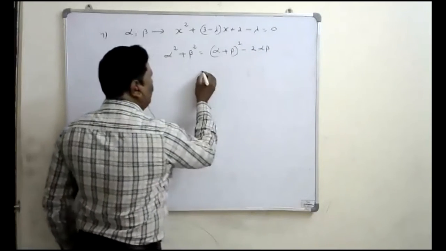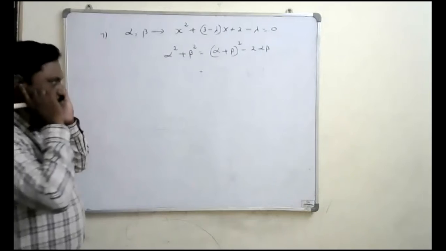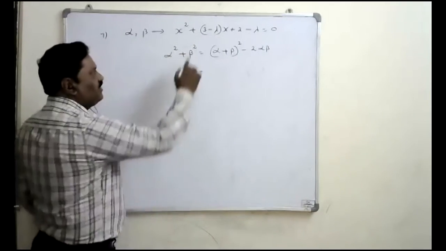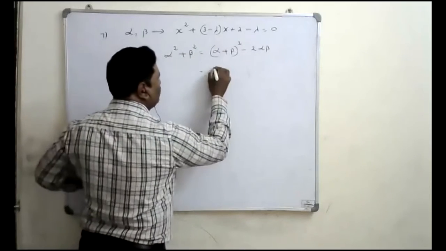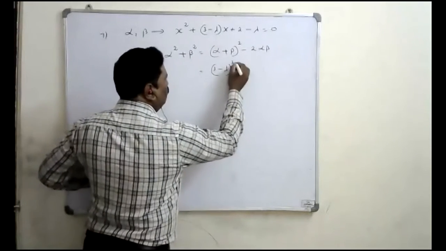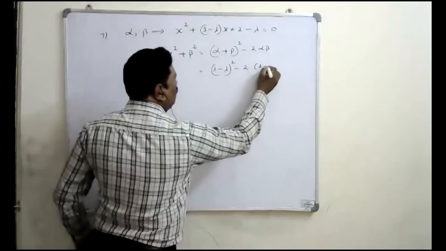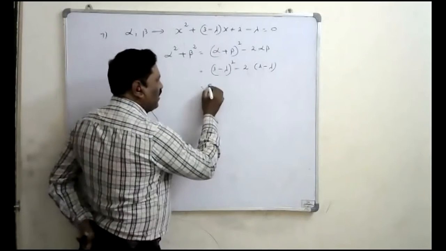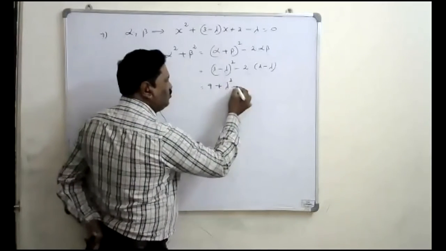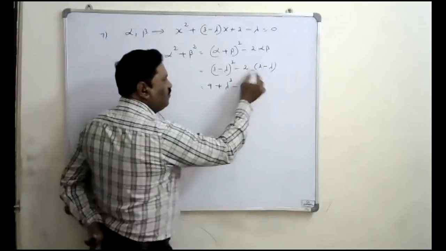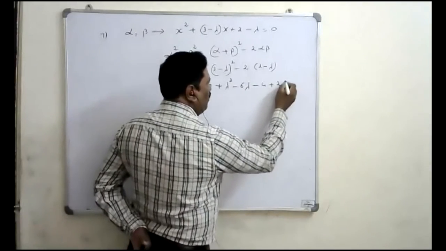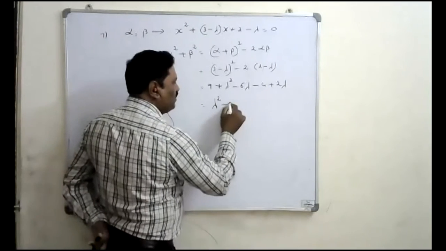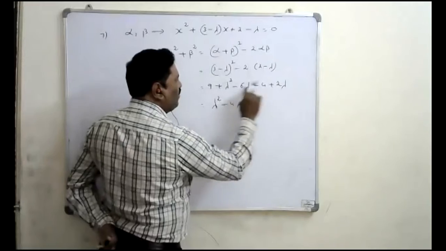Alpha plus beta is minus of (3 minus lambda), so the square is (3 minus lambda) whole square, minus 2 into alpha beta, which is 2 minus lambda. Expanding, this is 9 plus lambda square minus 6 lambda, minus 4 plus 2 lambda. So this is lambda square minus 4 lambda plus 5.